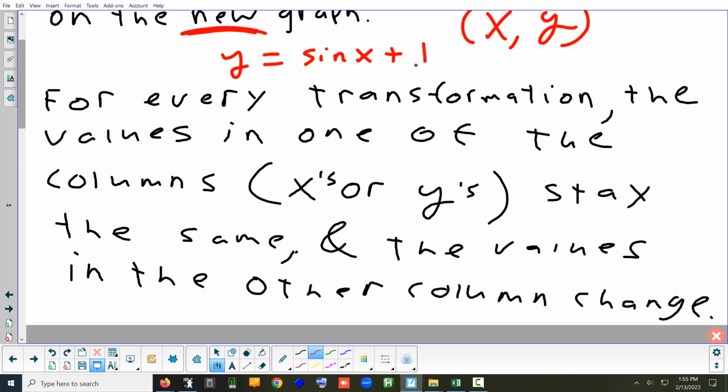On a test, I'm not going to tell you which one stays the same and which one changes. You have to be able to look at the problem and say, okay, that's a vertical shift, that's going to change the y's.